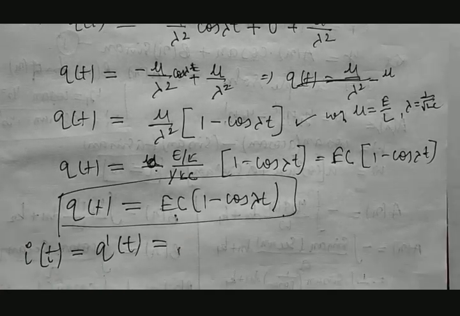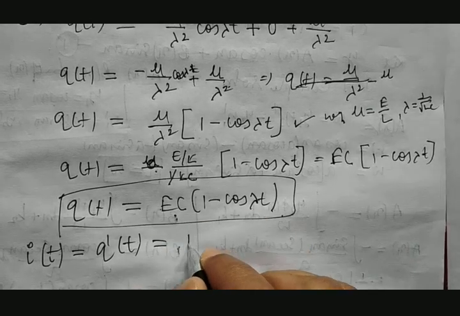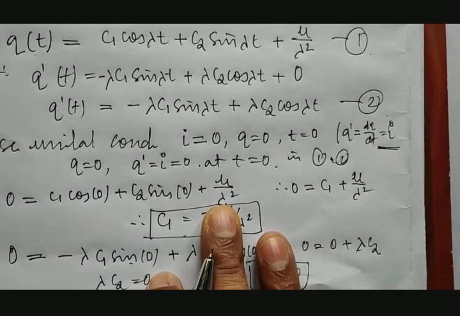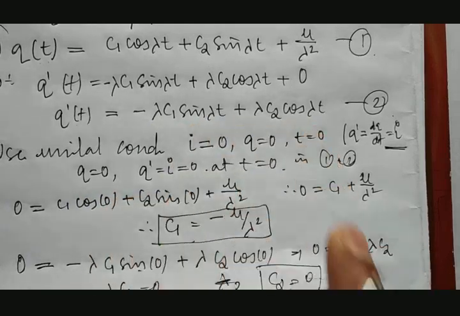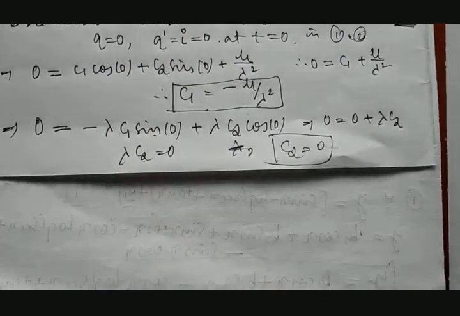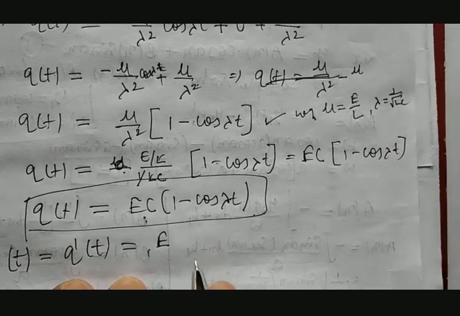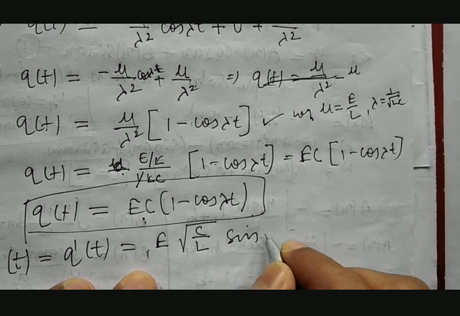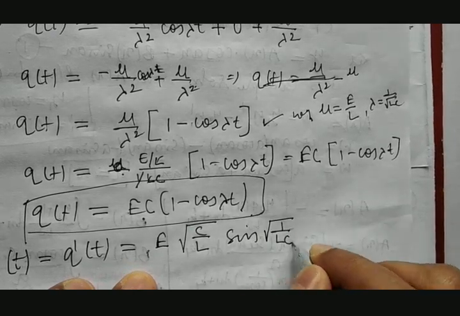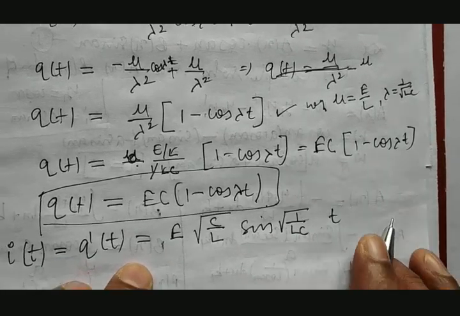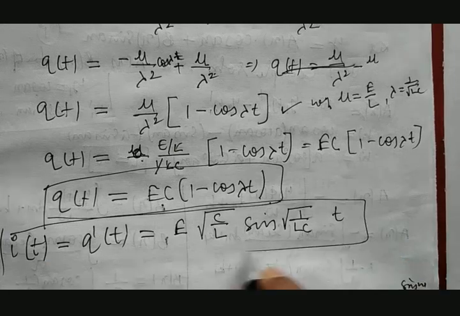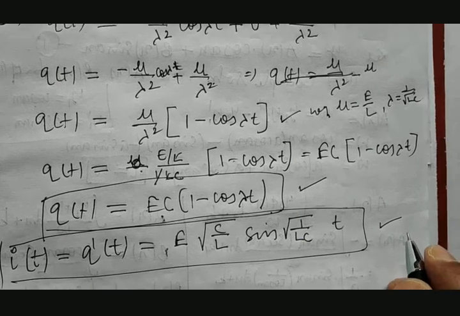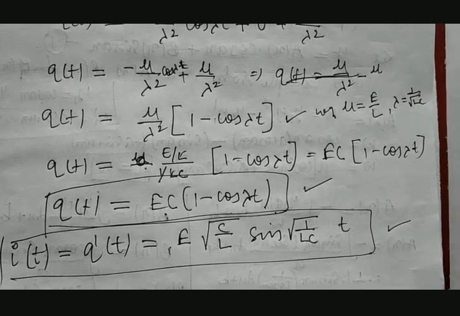If you calculate the same thing using equation number 2, and substitute the C1 and C2 values, we will get E into root of C by L into sine of root of 1 by LC into t. This is the value of I of t. So we got Q of t and I of t, meaning we got the value of Q and I for this example. Thank you.